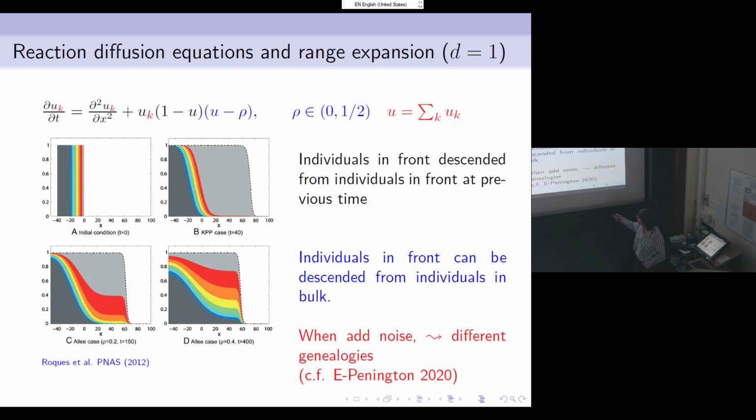Whereas if you have this kind of pulled wave effect, then Sarah Penington wrote a paper in which we have a model that mimics this with a very small noise term added, and the genealogy is in fact a Kingman coalescent, which is completely different from a Bolthausen-Sznitman coalescent. So even though we've got an expanding population subject to selection, we don't get a Bolthausen-Sznitman coalescent, which is what used to be believed would happen.